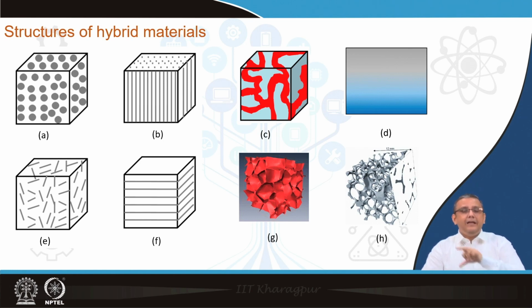Image B again shows a composite material, but it is called a unidirectional fiber reinforced composite. The basic difference between A and B is that in A, the particles are distributed in a homogeneous manner along all directions, and this renders the particle reinforced composite isotropic.